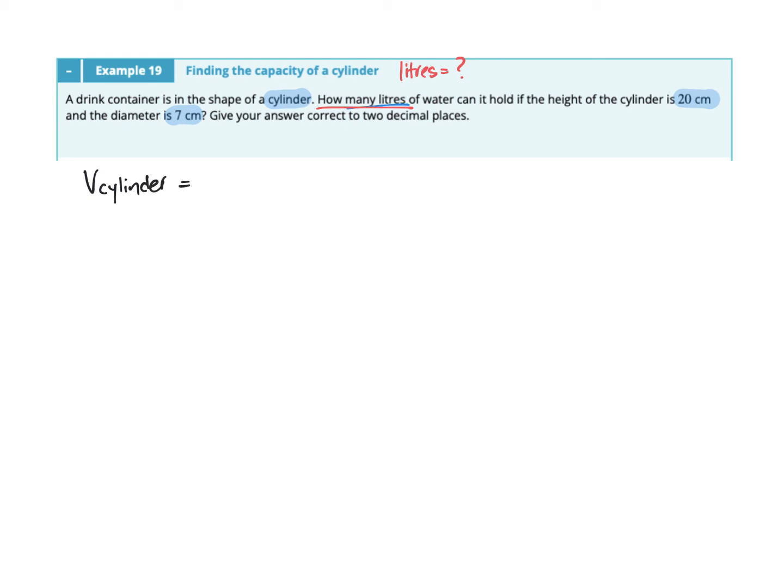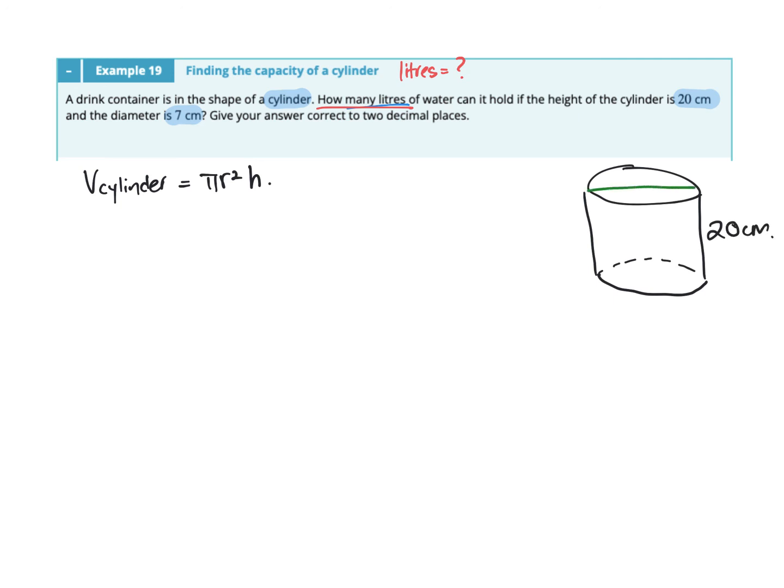So first of all, we need to get the volume of a cylinder. So we'd write the formula for volume of a cylinder, which is pi r squared times height. All right, so if you drew the scenario of what they gave us, they told us this is 20 centimetres height, and they told us that the diameter, so that means across there, is 7 centimetres.